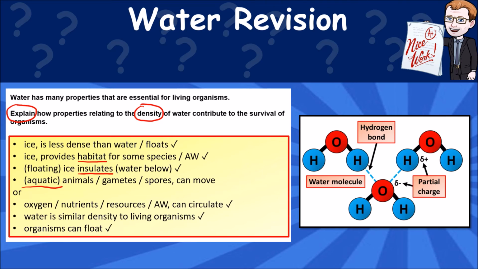You can also talk about oxygen or nutrients circulating within that water. Because the water has a similar density to living organisms, organisms can float on top of it. A duck can float on the water, it doesn't sink.